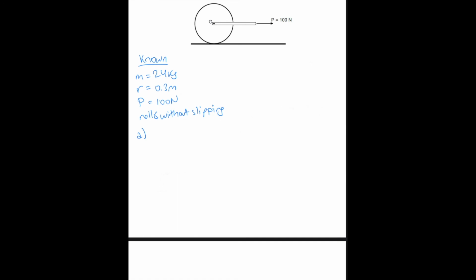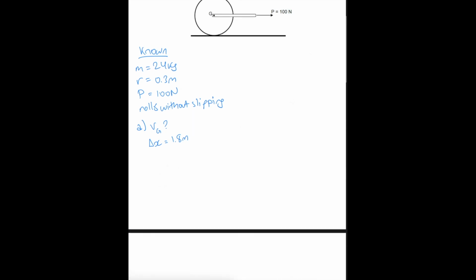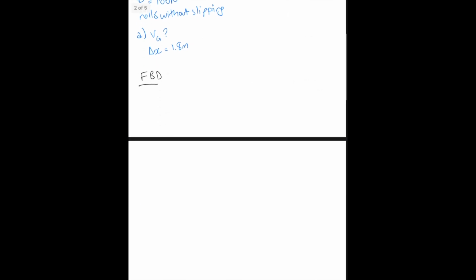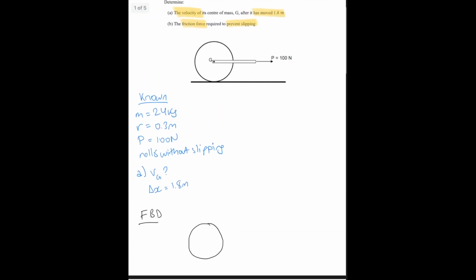So for part A, we want to know the velocity of the center of gravity G after a change in distance of 1.8 meters. As usual, we're going to start with a free body diagram. This is our disk.